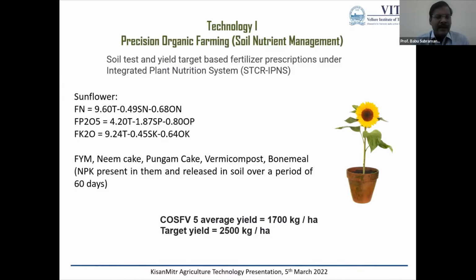This is exactly to replicate inorganic farming, where 60-30-30 kilograms of nitrogen, phosphorus, and potassium is recommended for sunflower under irrigated conditions. Whether those nutrients are supplied by organic manures is now precisely calculated. Organic farmers basically apply random quantities and random mixtures without much knowledge about whether the nutrients required for a given crop are supplied.